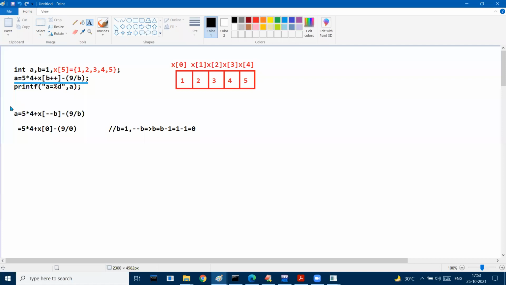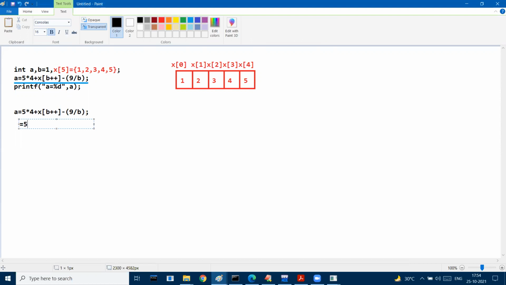Now observe here. It is equal to 5 into 4 plus x of b value. What value of b will I consider? 1. But internally, it will give me 1 to work here.